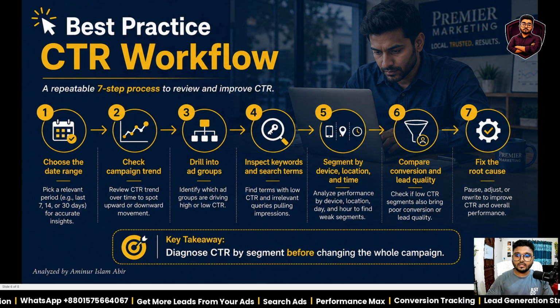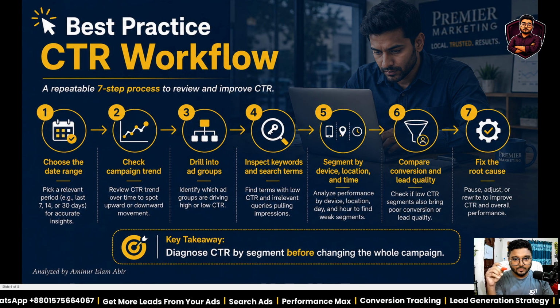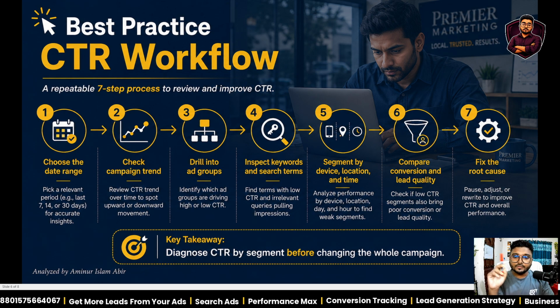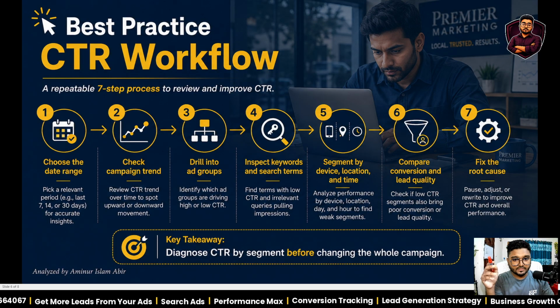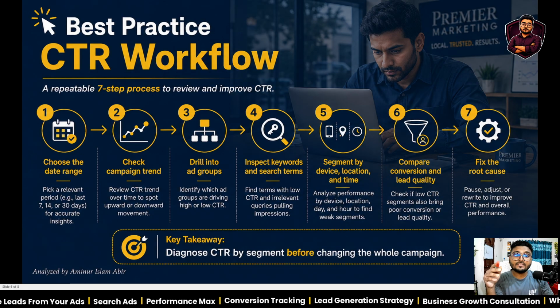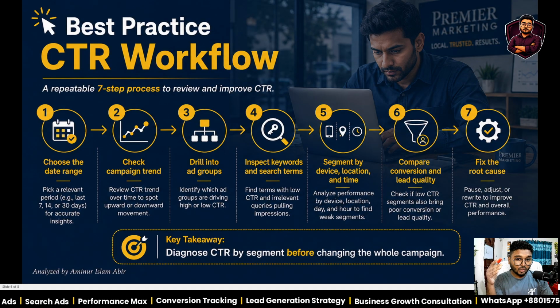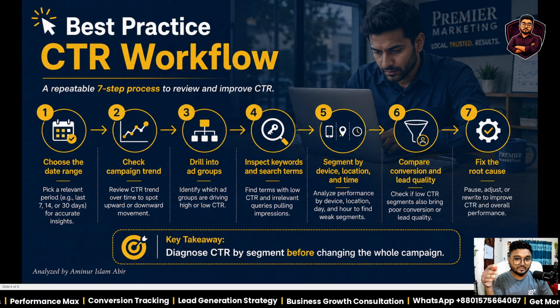And this is my slide 6, where I implement a clear review workflow. The first step is choose a useful date range. The period should contain enough impressions and clicks while matching the current campaign setup. The second step is review the campaign trend: is the CTR going up, going down, or staying stable?